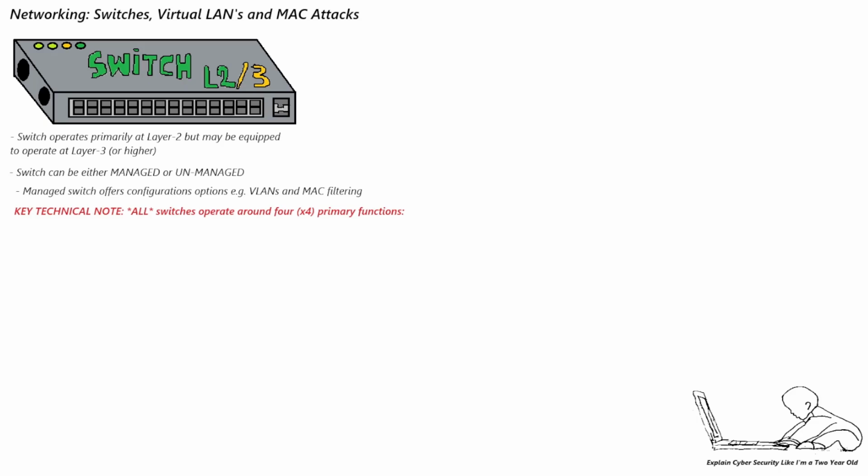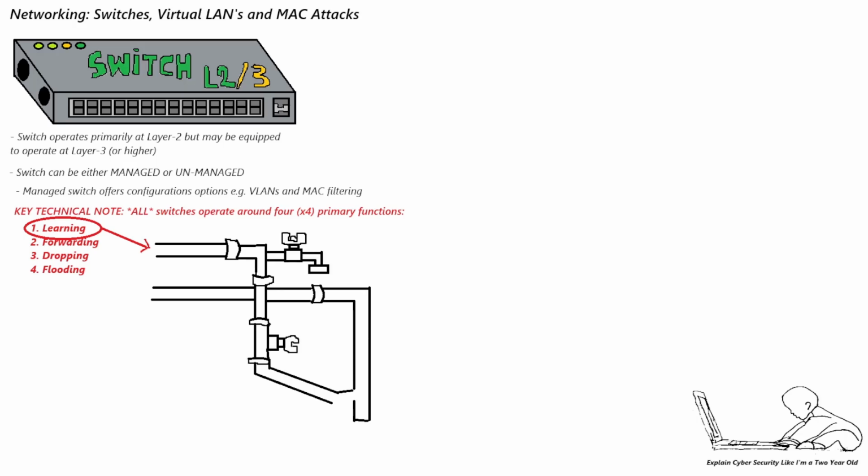But firstly, a key technical note: all switches, managed or unmanaged, operate under 4 primary functions, being learning, forwarding, dropping, flooding. To help illustrate these 4 primary functions, let's use an analogy of plumbing pipes and water.